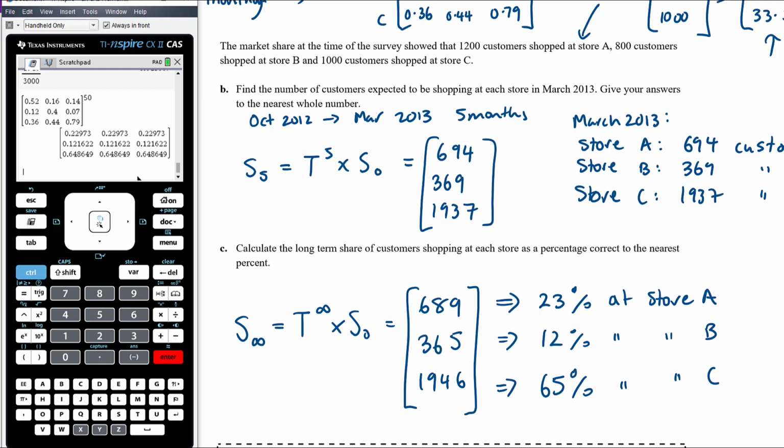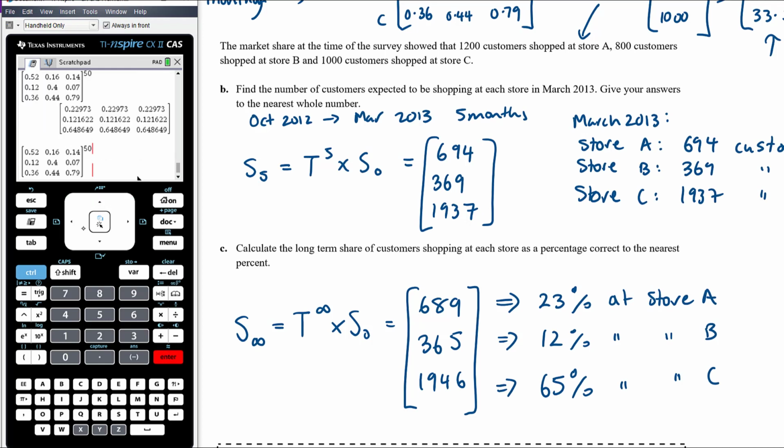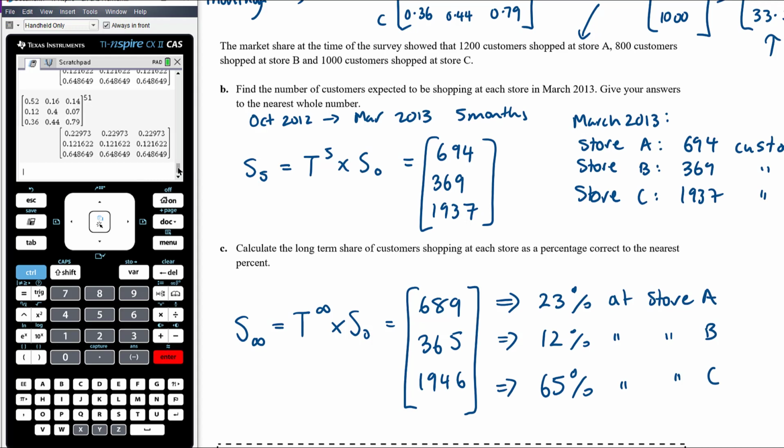So you actually don't need to use the initial state at all. You can just raise the transition matrix itself to a really high power. And again, you want to check that power of 51 also gives the same values, so that you know that you've actually reached the steady state.